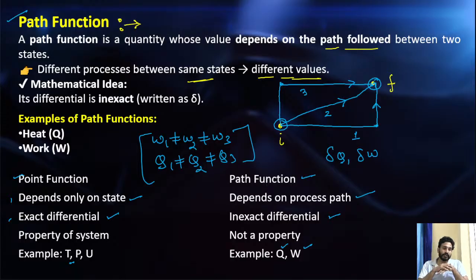Let me ask you a question, and give me the answer through the Telegram channel. Let's suppose we have a state of the system, with some specific P, V and T values. Out of the three, only one property is changed.